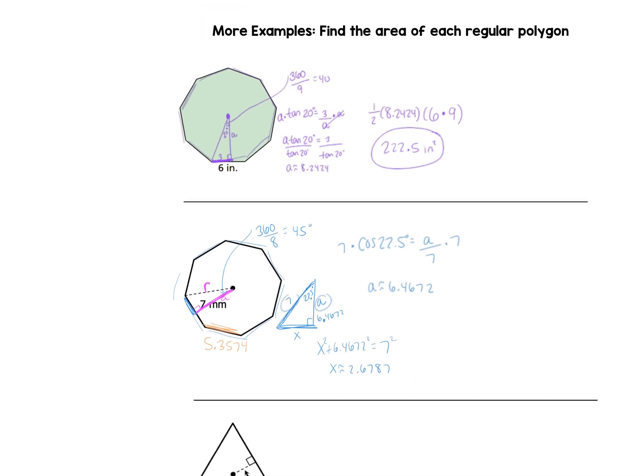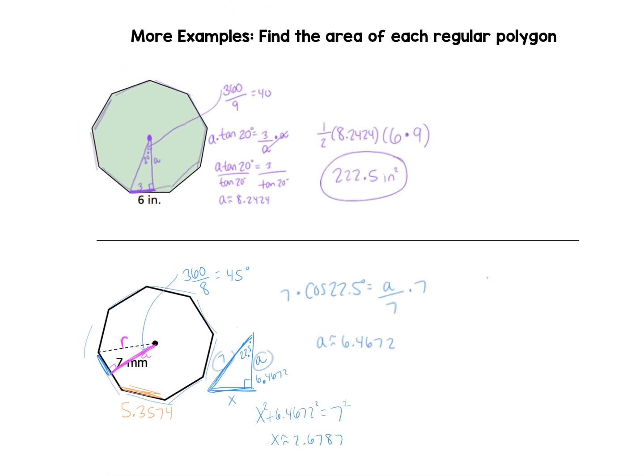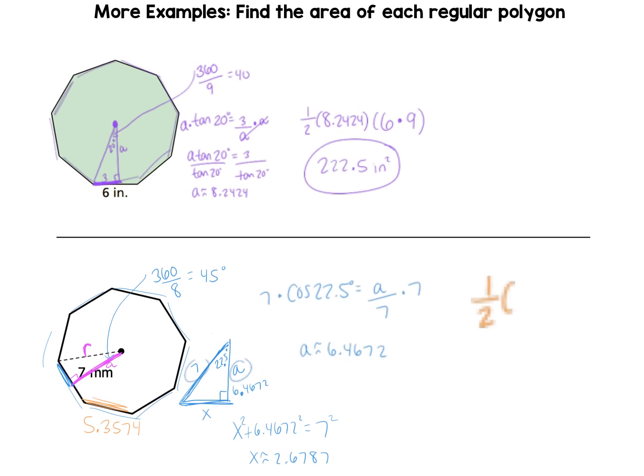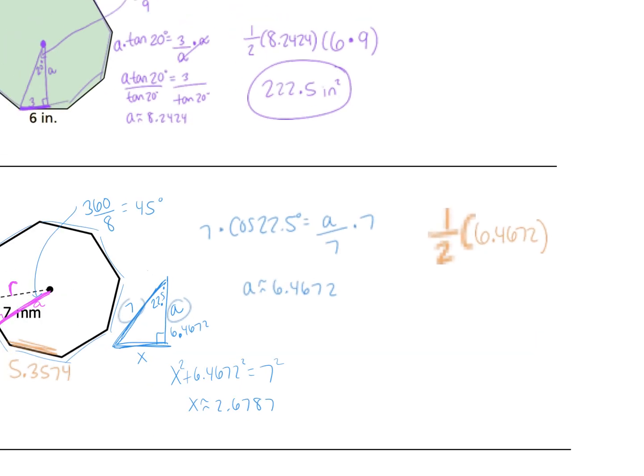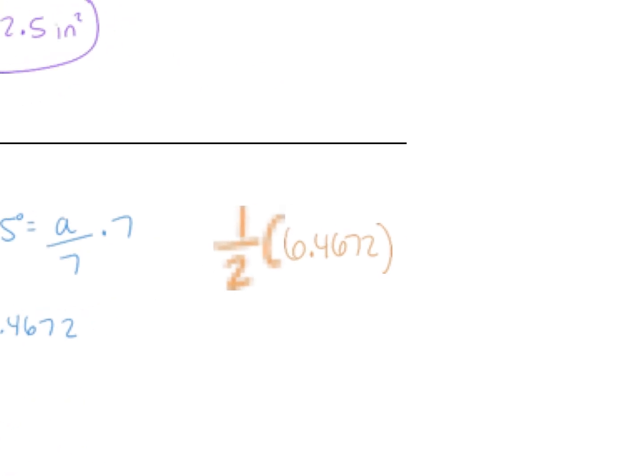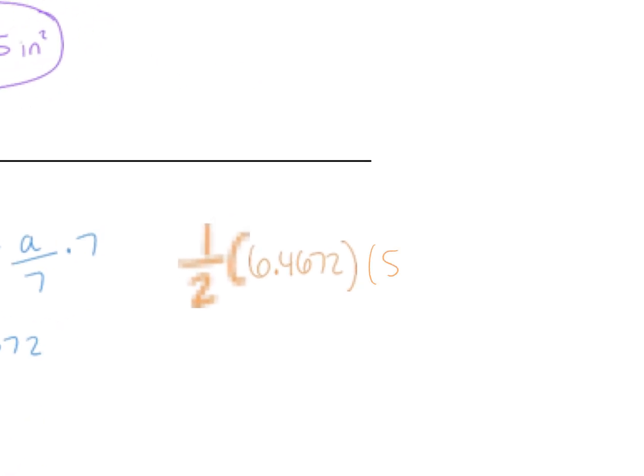So now I'm going to do half apothem times perimeter again. So half, the apothem is that 6.4672. Trying to zoom in here. 6.4672 times the perimeter. The side length is 5.3574, and there's 8 sides.